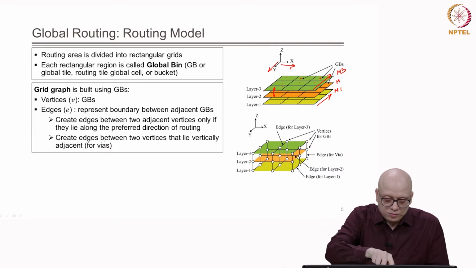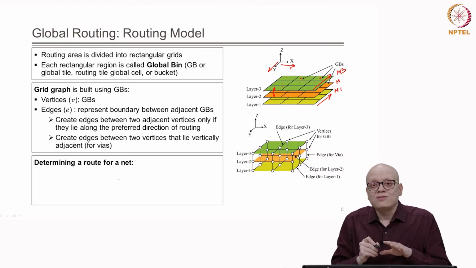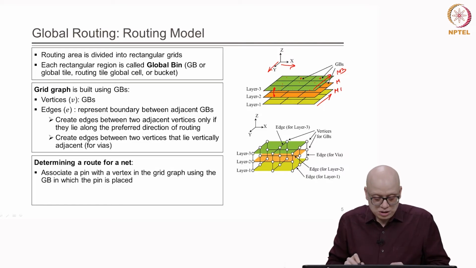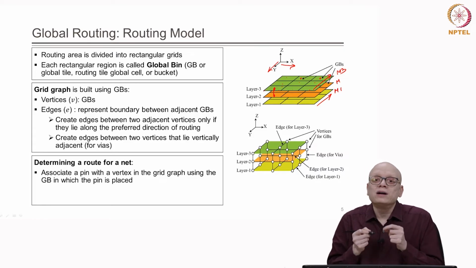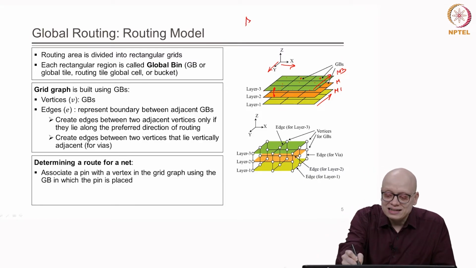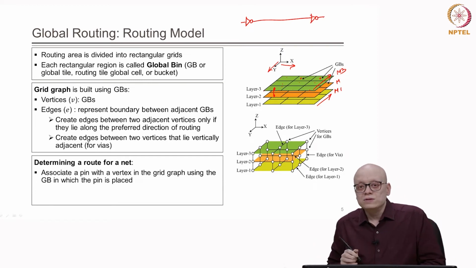Now, given this grid graph, how is the routing of a net done, right? We first associate the pins with the proper global bin, right. So, for example, let us take that there is an inverter which is driving another inverter, right.